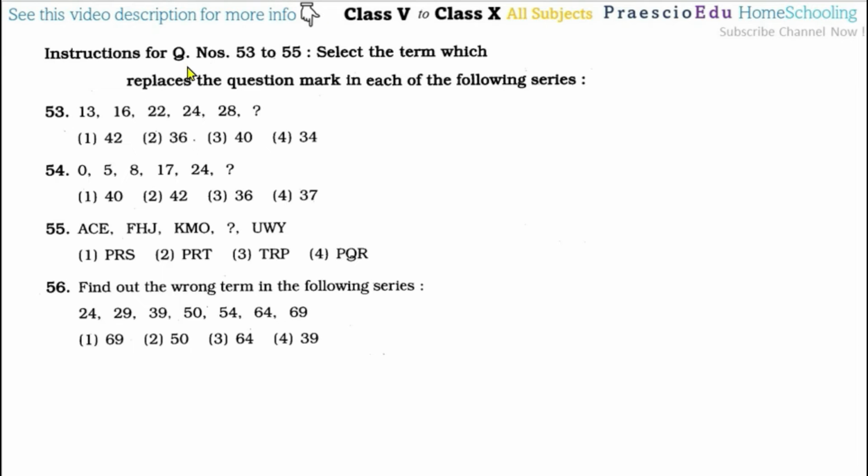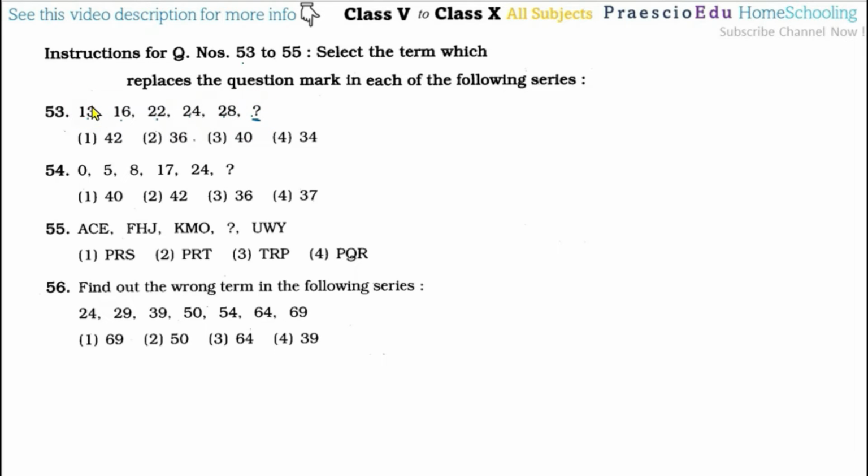Then the instruction for question number 53 to 55: select the term which replaces the question mark in each of the following series. So here the question mark. Now 13, 16, then 22, then 24 and 28, and then question mark.